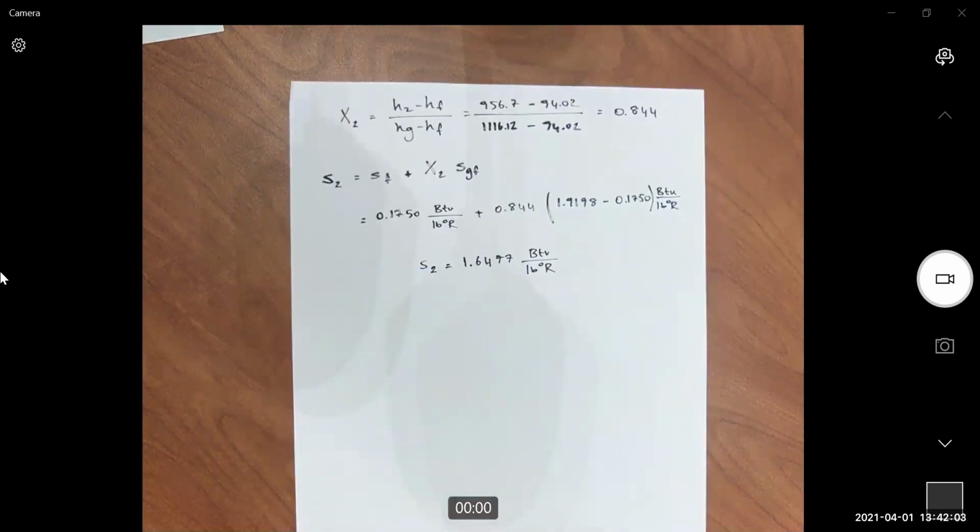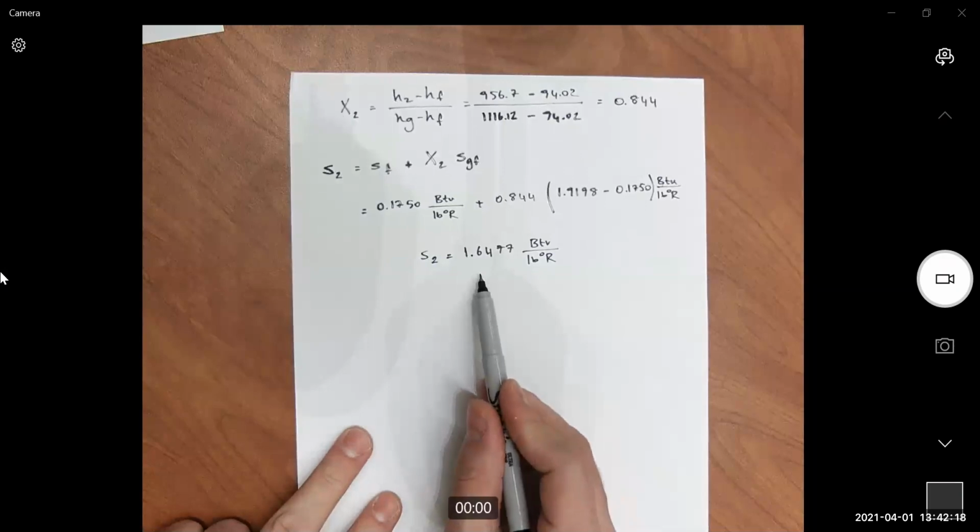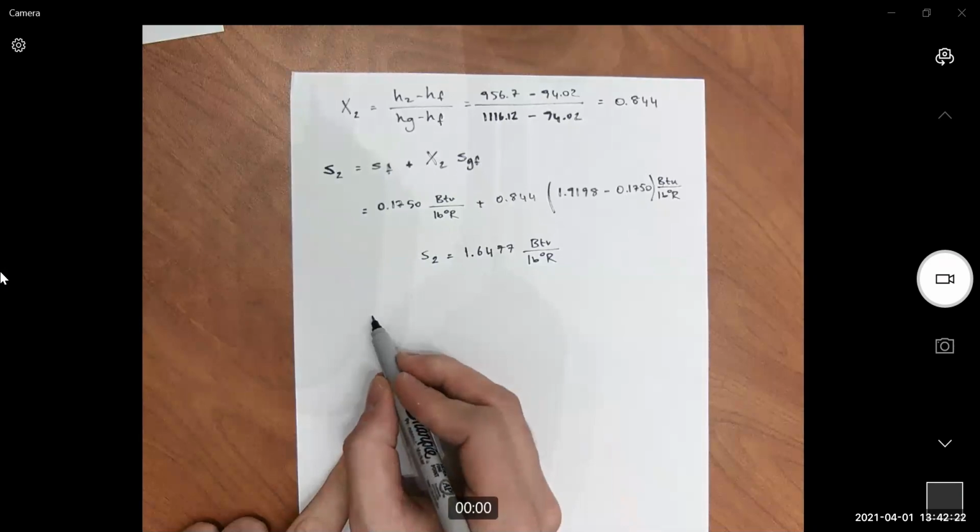So for the ideal turbine, in the first method, I know my S2 equals S1. In this case, S2 is less than the ideal case.